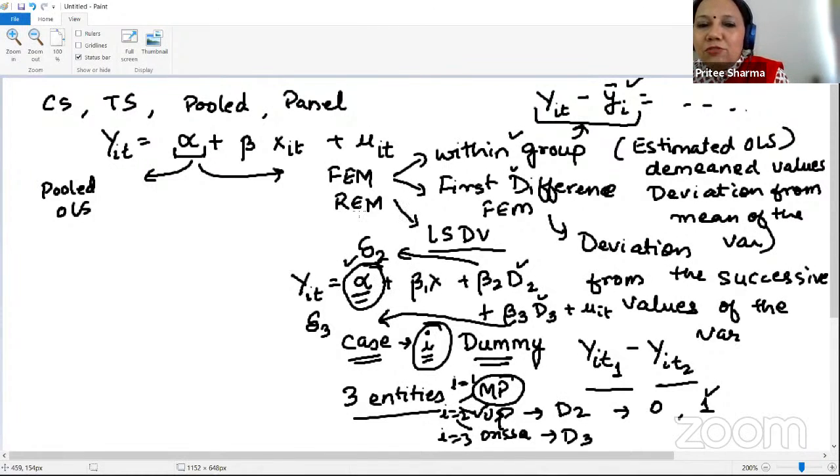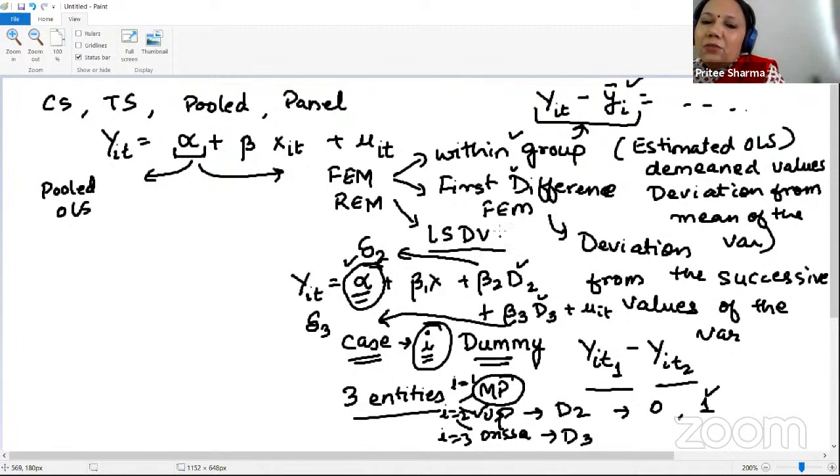Now, in case of fixed effect and random effect models, we are not assuming that this alpha is constant. That means it is different for different entities. When it is different for different entities, in case of estimation we are doing these three methods. One is within group, second is first difference, and third is the least square dummy variable.